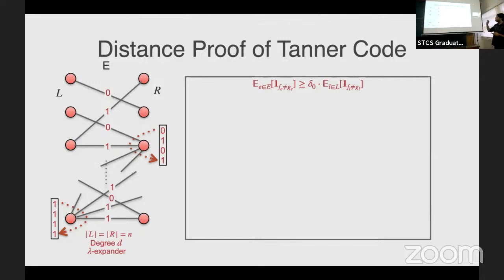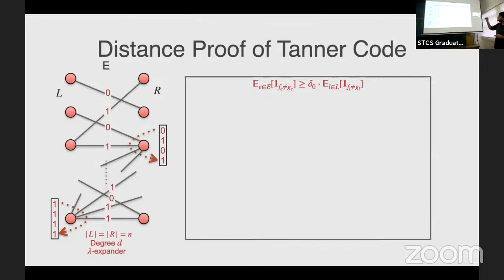So let's say F and G are two code words that satisfy all the local checks. I'm not putting any condition saying that F and G are not equal. They could potentially be equal. Let me just write down the expressions, and then being equal will come out of the conditions.